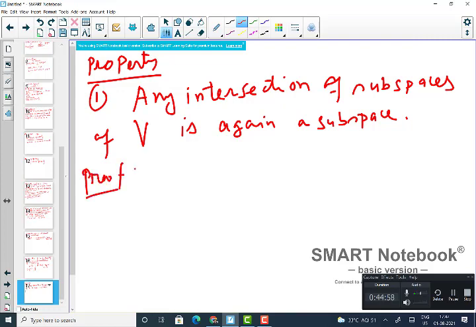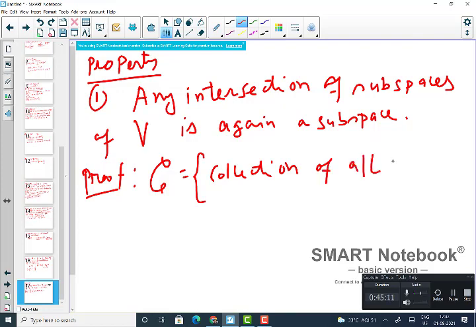So we have a collection. Let me write down: this is the collection C of all subspaces of V, and you want to say something about the intersection of those subspaces. Let me write down Vi.